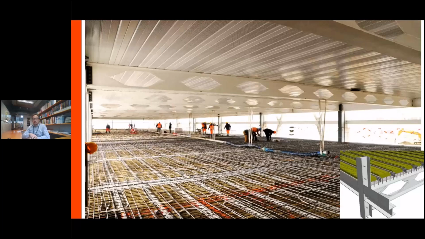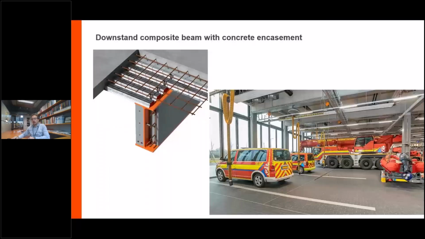This is quite interesting because the rock wool is automatically prefabricated in the depth of the steel decking. So you have a floor which already has thermal and sound insulation, quite integrated in the deck panel. There are other types of composite beams, for example, beams with concrete encasement.